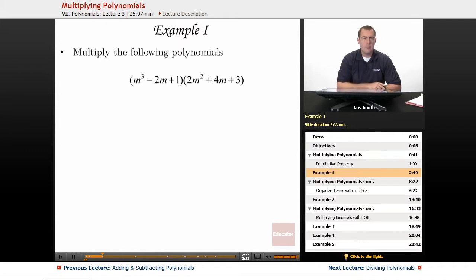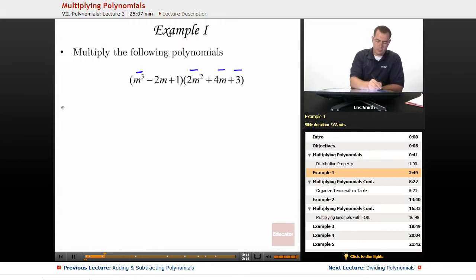Now, what makes this a little bit more difficult is, of course, when you have more terms in your polynomials. But again, as long as you make sure that every term in one gets multiplied by every term in the other one, it should work out just fine. Let's be very careful with this one. See how it turns out. So first I'm going to take this first m cubed term and make sure it gets multiplied by all three of my other terms. So let's put that out here.